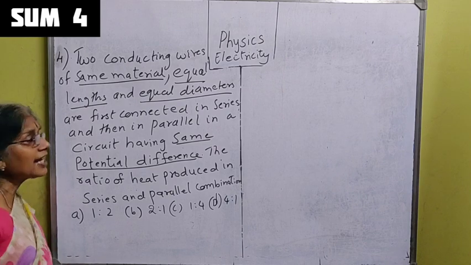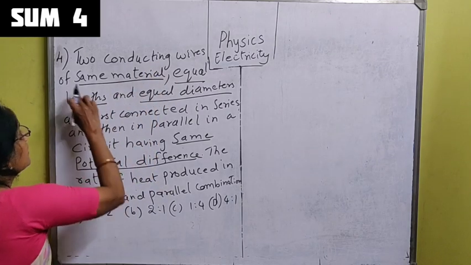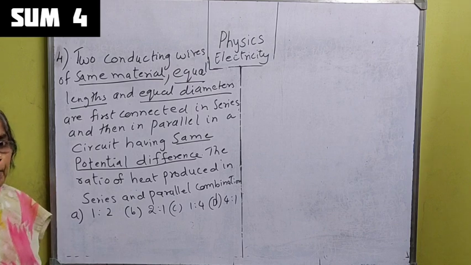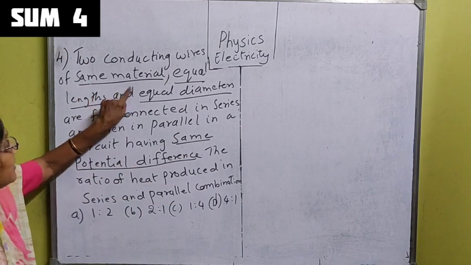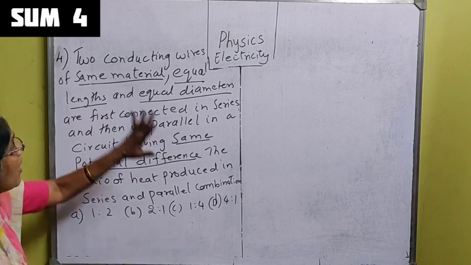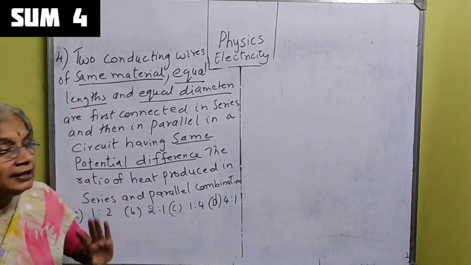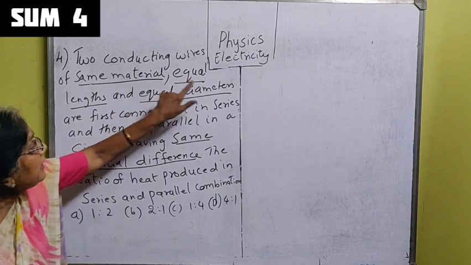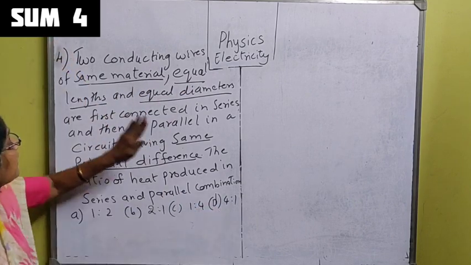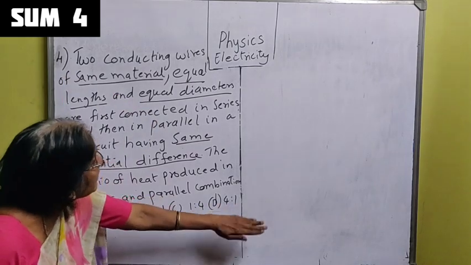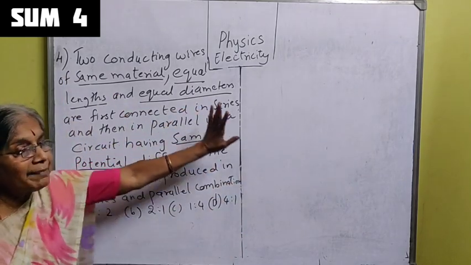So how many wires are taken? Two conducting wires of the same material. Suppose copper is taken, so two wires of copper are taken. Same material, equal length. If it is 1 meter, then the other copper wire is also 1 meter. Equal diameter.